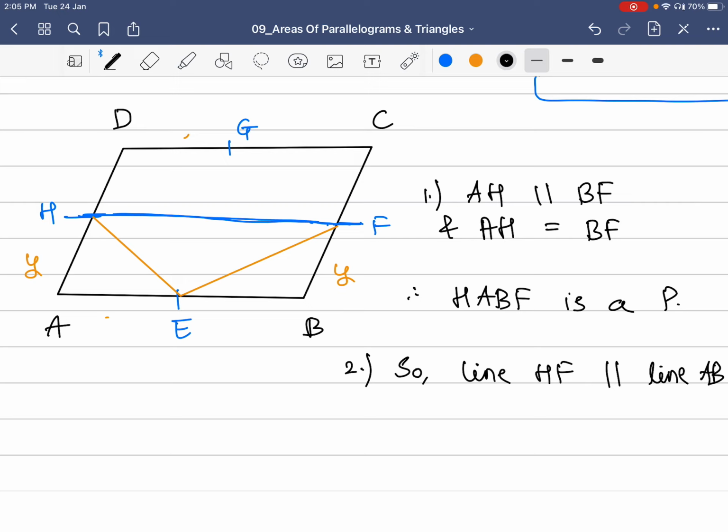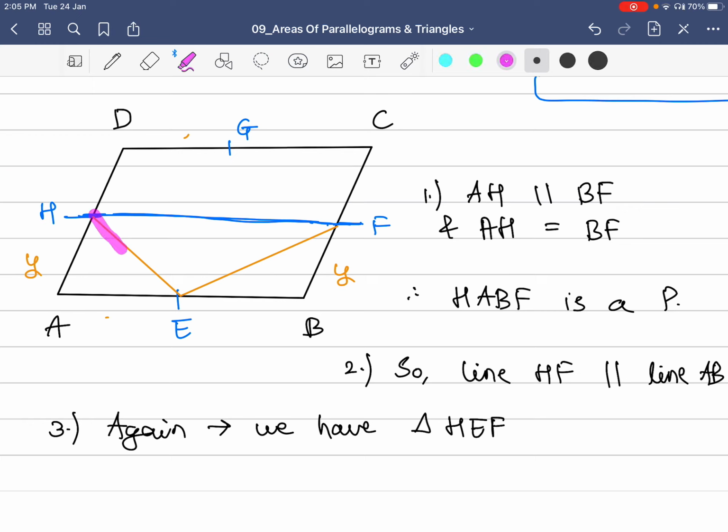And then we have EF. Now again, we have a triangle HEF. So let's highlight it. This is the triangle HEF. This triangle and the parallelogram HABF, I'm going to use another highlighter.